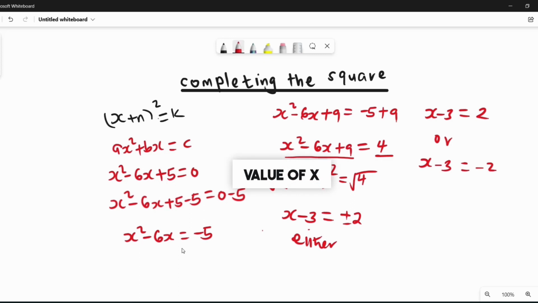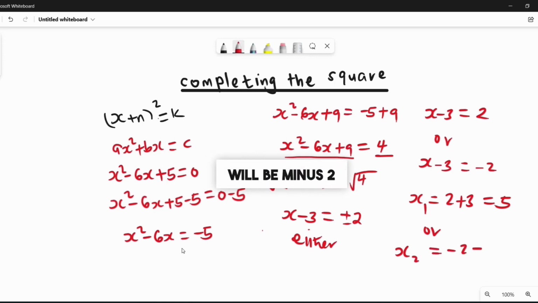For the first value of x, let's call it x1, it will be 2 + 3, which is 5. The second value of x, let's call it x2, will be -2 + 3, which gives us 1.